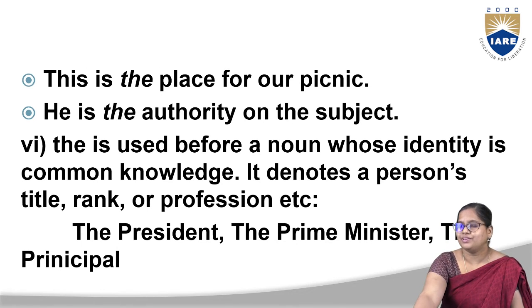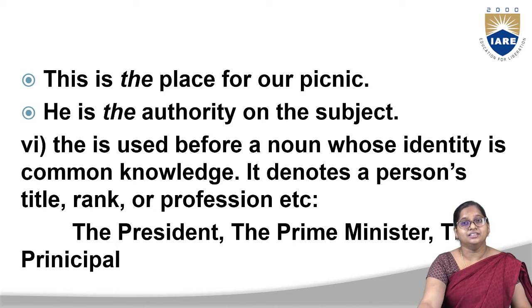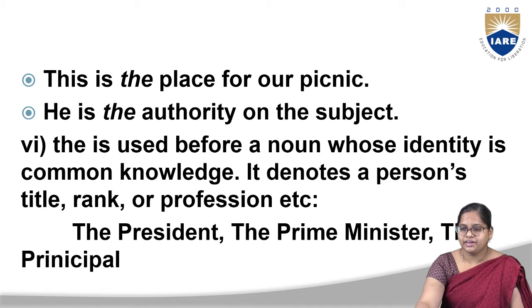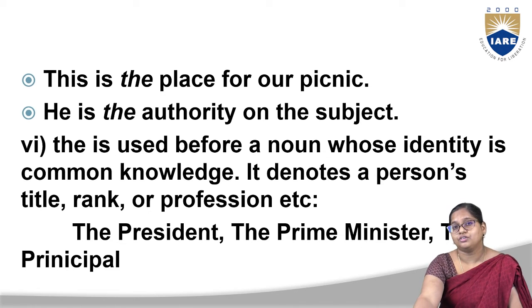Depending upon rank or profession, along with this you can use the definite article: the president, the prime minister, the principal of the college you are talking about. So you use a noun whose identity is common knowledge. Common knowledge means if you have a principal, you know the principal. He's the only principal.